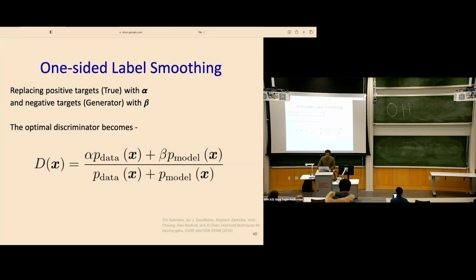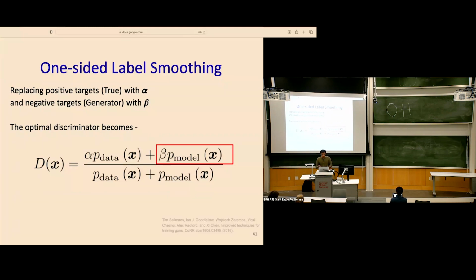Okay. So actually what's problematic here is the presence of this P model term in the numerator, because this is the only difference from the earlier discriminator we had without label smoothing.